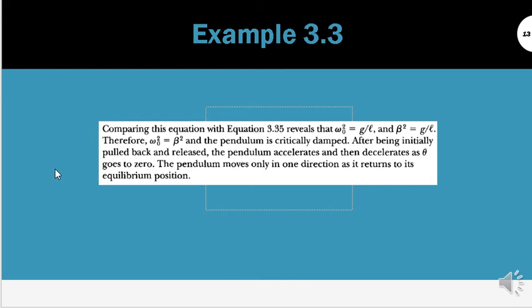For the critically damped situation, after you release the oscillating body, it will not go to the other side. It will just tend to go to zero directly. For the overdamped situation, it will go to the other side shortly, but then it goes to zero.